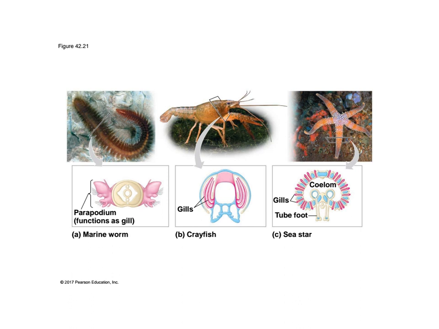This figure from your book illustrates some of the different types of gills that exist in aquatic animals. In marine worms, you have structures called parapodia. These function as gills. They're also useful for crawling and swimming. Crayfish have gills. They're within the exoskeleton.